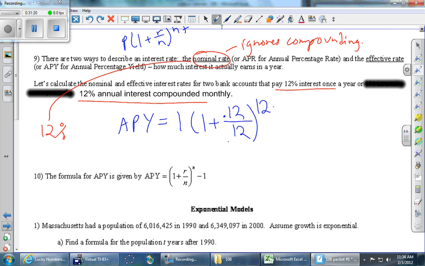If I want to figure out what the interest is for the end of a full year, then how much is T? It's 1. So this is what we're typing into the calculator. We're pretending we invest $1 for 1 year, and we're going to find out what it really grows to.